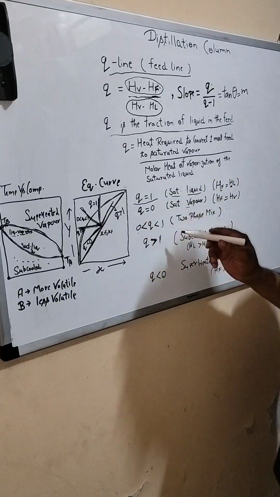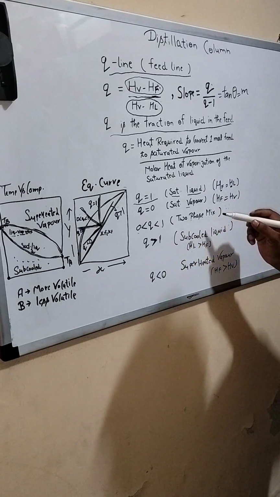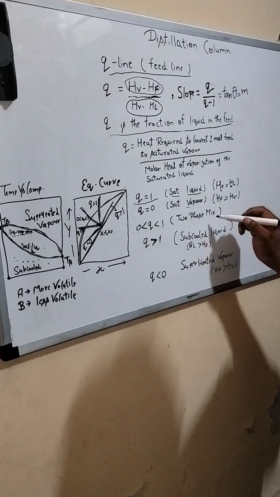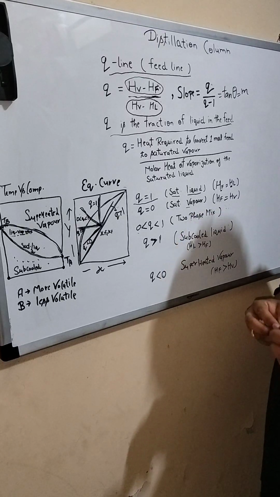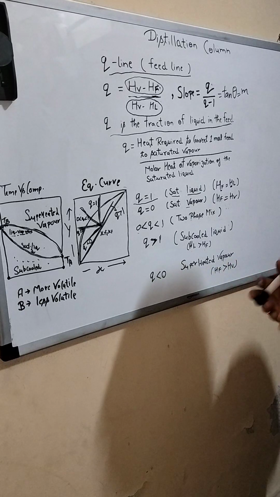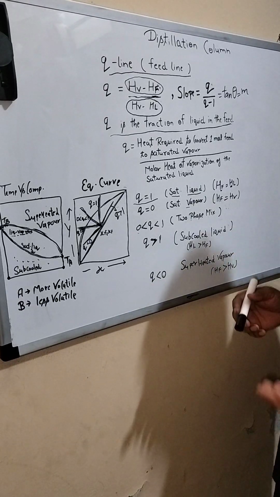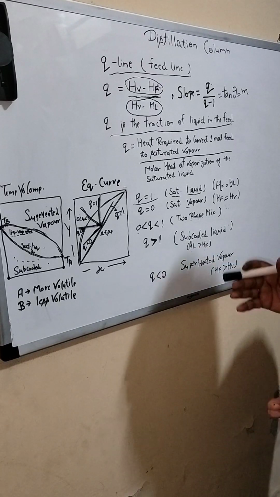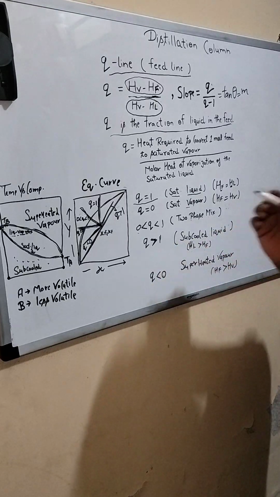When our feed is a two-phase mixture, it is a liquid with also some vapor phase. When we talk about a two-phase mixture, the liquid fraction will be between 0 and 1, it may be anything, and in other terms the vapor or liquid fraction can be in any ratio.